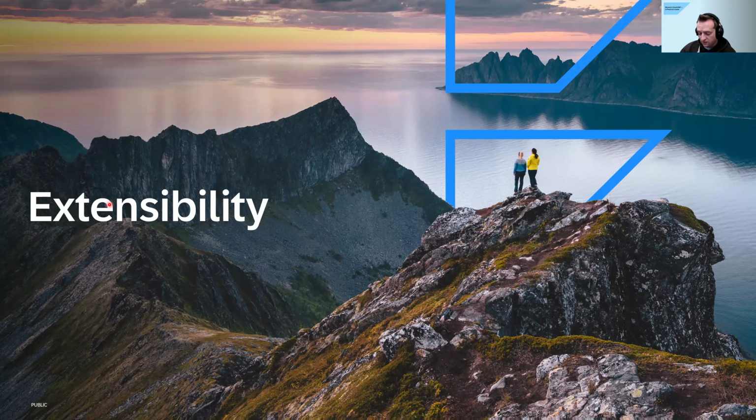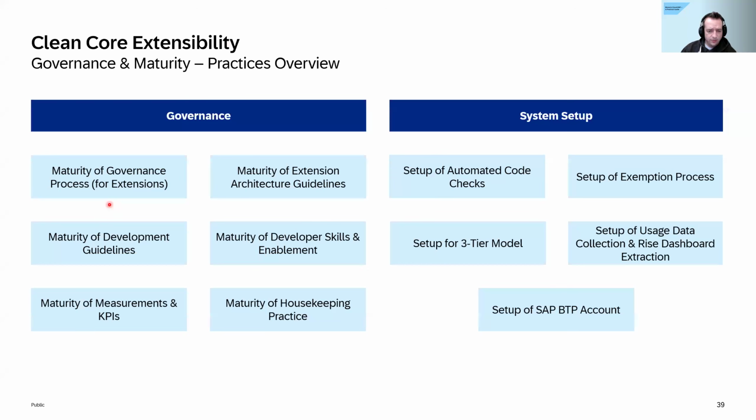But now we're talking extensibility. What are the topics that we need to cover? Extensibility plays a bit of a special role here, because we split up the topics into two big buckets. One is the governance itself, and the second is how well this is reflected in the system setup.